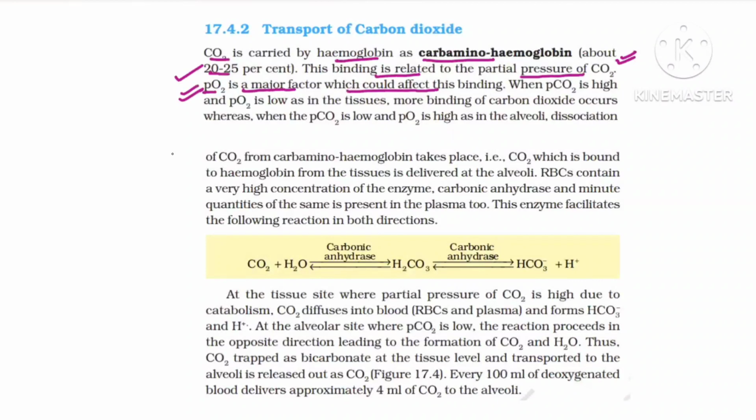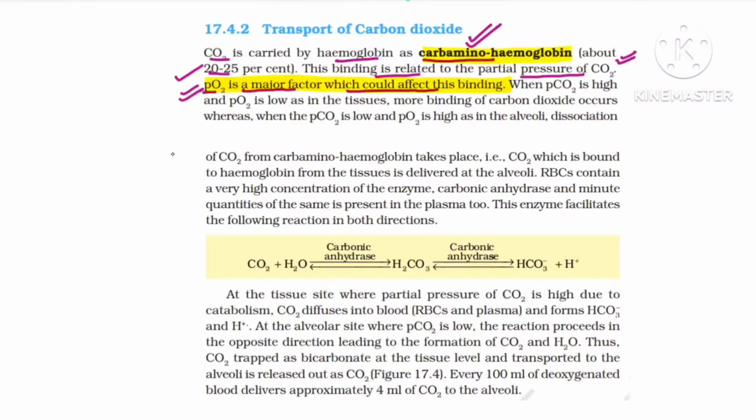Here the partial pressure of oxygen is decreasing. That is why oxygen is getting dissociated from the hemoglobin, and hemoglobin is made available to combine with carbon dioxide to form carbaminohemoglobin. Please understand the question. Partial pressure of oxygen is a major factor which will affect this binding.